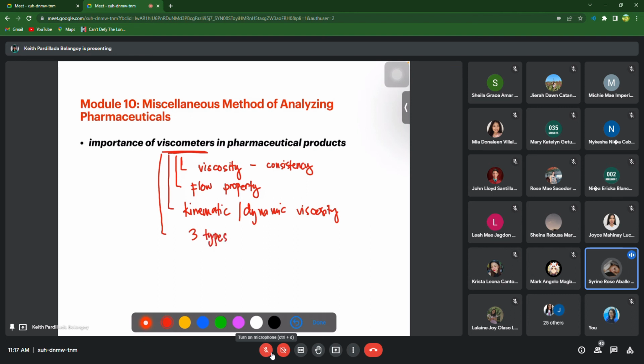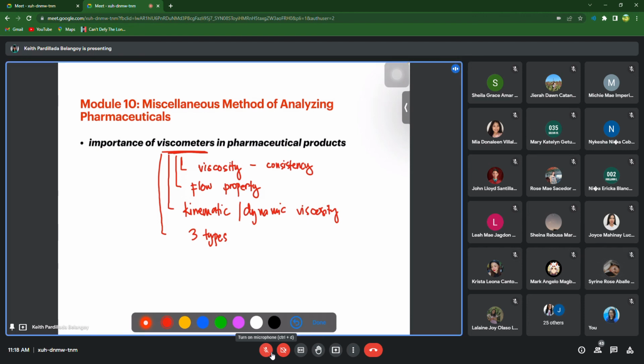So, in order to accurately measure viscosity, it is important that we use the right instrument for a specific product. Very good. So you have three types, and the types have different purposes or convenience. So it's important that we choose the one that is appropriate for the product to be tested.